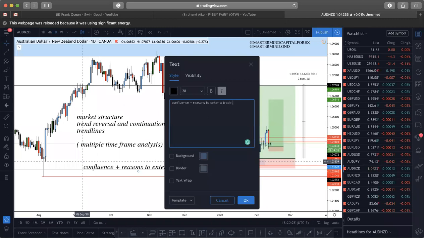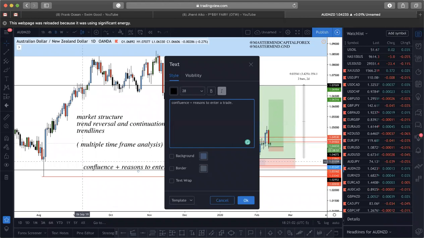And the more confluences that align, the more reasons you have to enter a trade, the more reasons why this trade is going to go in that direction, the more odds that's going to be in your favor, right? The higher the probability of you being right. Because nothing is sure in trading. That's why we deal with probabilities, right? Where's the market most likely to go? And here's why it's most likely to go that way, right?